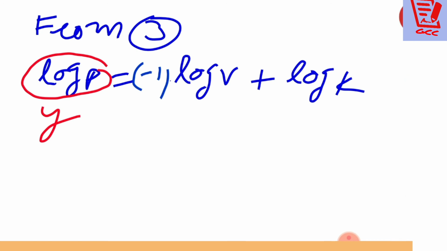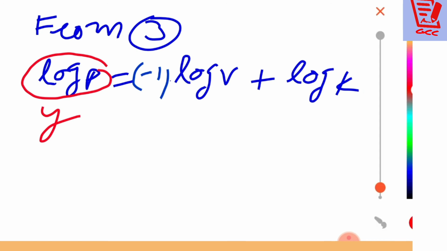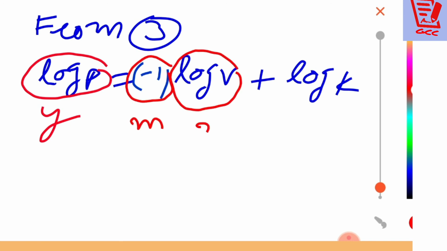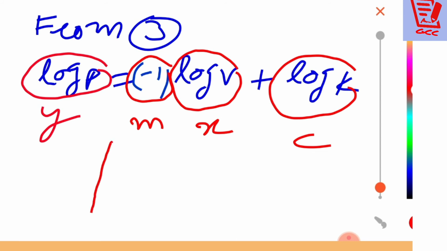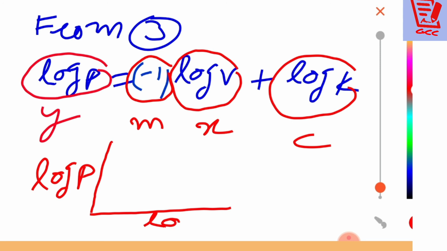Then what is going to happen over there? Y, then this one will become M, this is X, and this is C. And we usually draw the graph between Y and X. So just see there all of you, this is log of P and this is log of V.